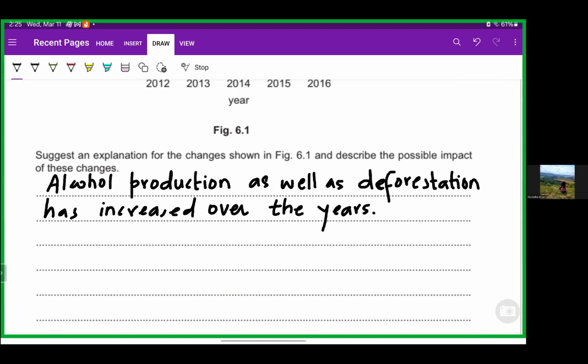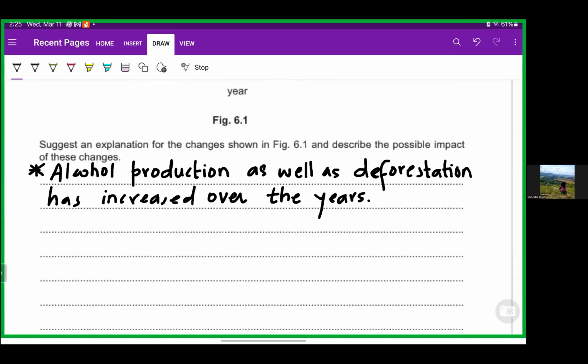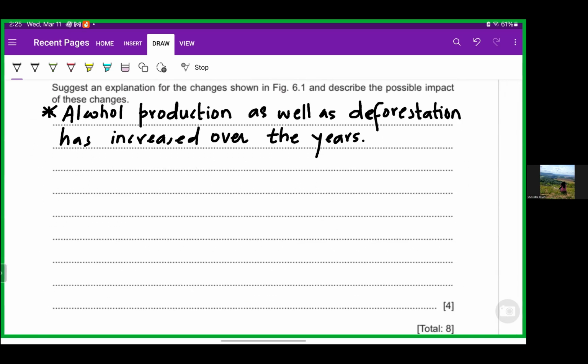Okay, so this is what you have observed. Now you have to talk about its impact. I'll talk about both negative and positive impacts because they have not explicitly mentioned what type of impact they are talking about. So when there will be deforestation, what will happen?